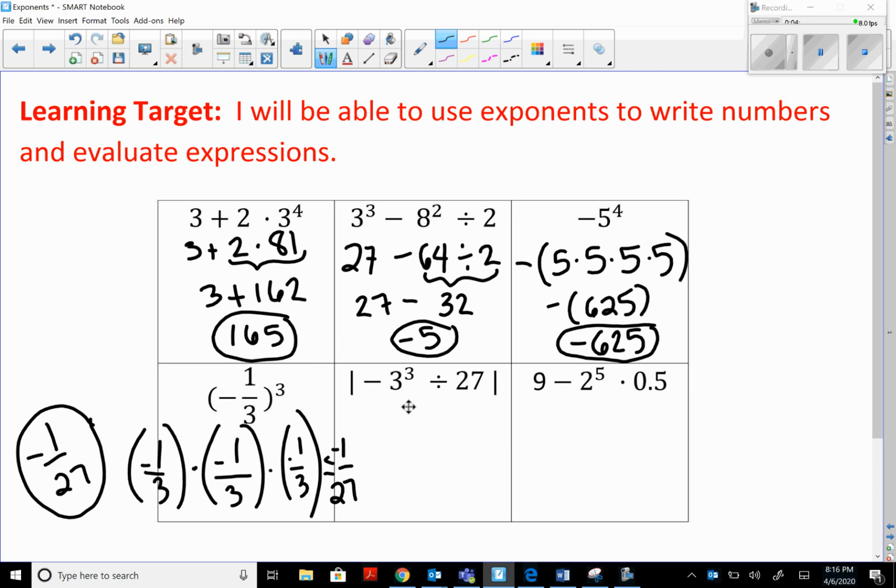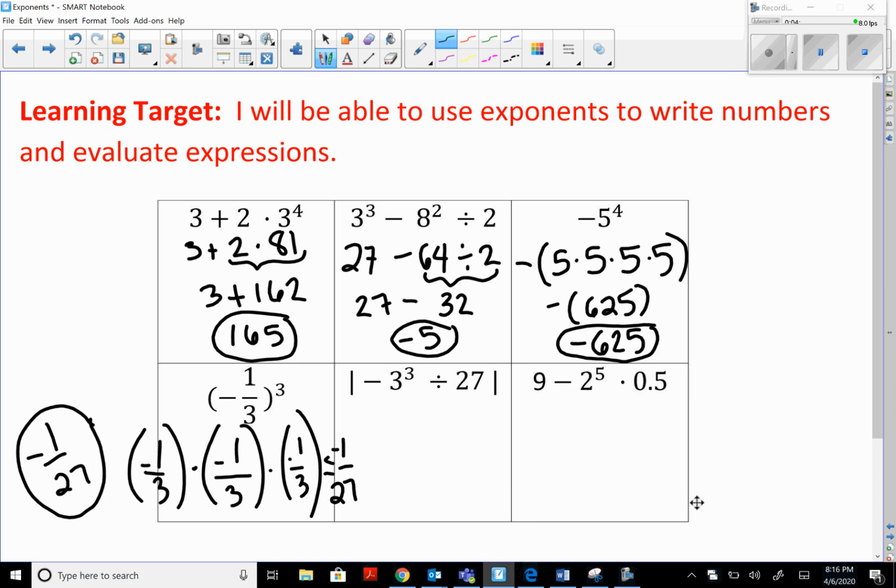Okay, then we have one with these little lines on the outside. Just in case you forgot what those little lines mean, that's absolute value. Absolute value is the distance from a number to 0 on the number line. So absolute value is always going to result in a positive number.